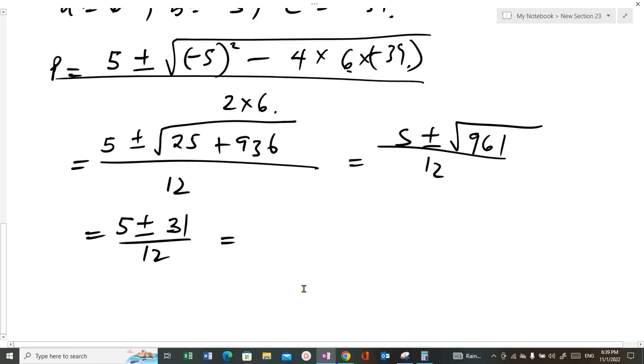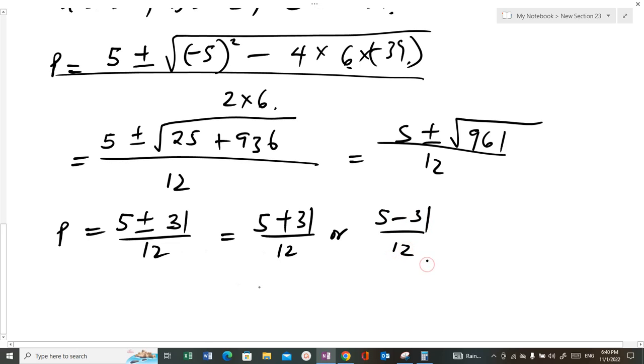Now we have p equal to 5 plus 31 all over 12, or 5 minus 31 all over 12, which means 5 plus 31 will give you 36 all over 12, or 5 minus 31 will give you minus 26 all over 12.